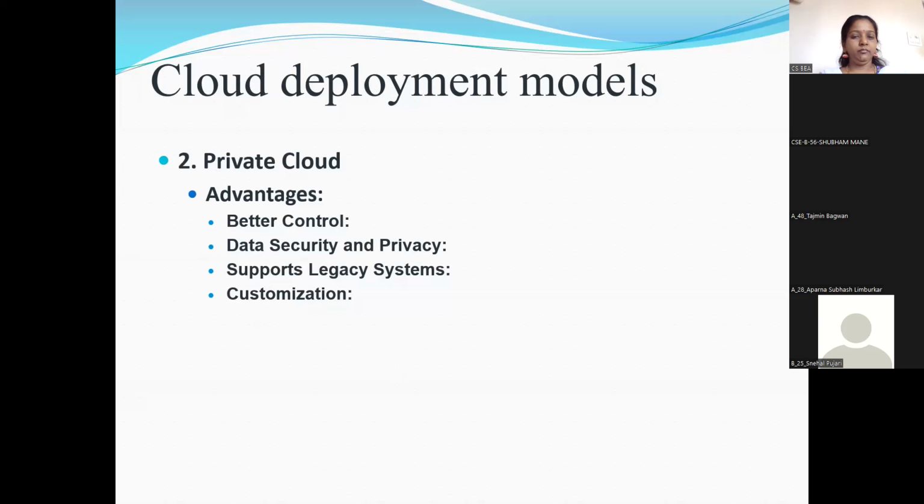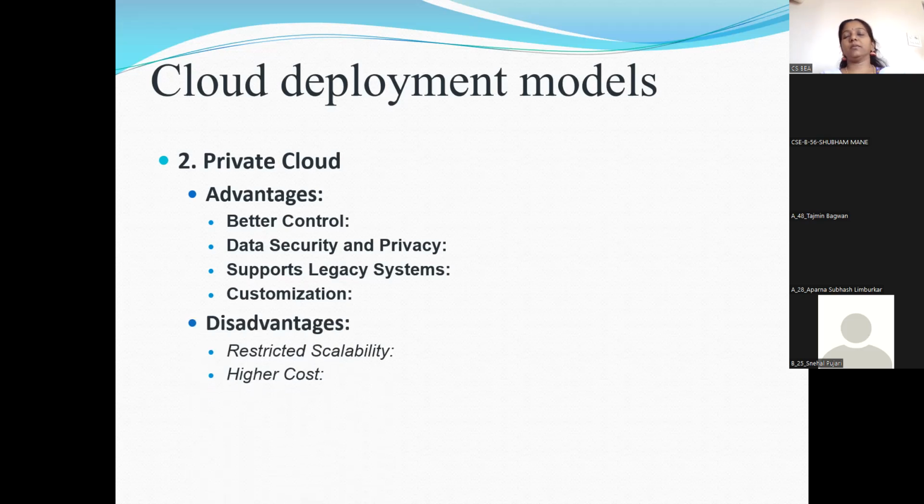And then customization is there. Unlike a public cloud deployment, a private cloud allows a company to tailor its solution to meet its specific needs. Apart from these advantages, the private cloud has some disadvantages too, and they are restricted scalability.